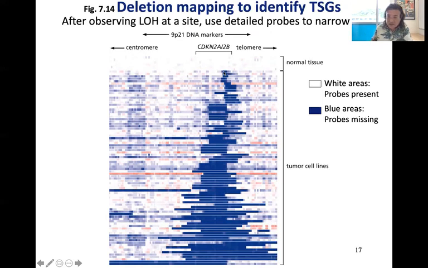Because remember, these are different tumor cells. They would have different types of deletions in them. Some of them have big chunks of 9p21 missing. But if you line it up from broad to narrow, it really helps guide you down to a particular spot. And this particular spot happens to be in this CDK gene.